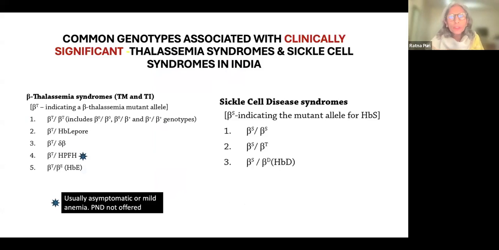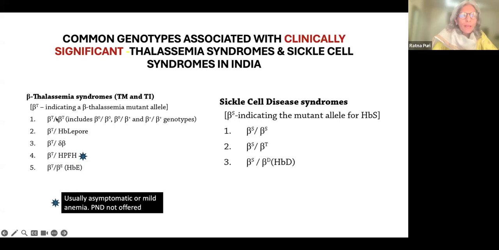Now, what are the common genotypes that are associated with a clinically significant disease? So every combination is not associated with a disease phenotype. And you would want to do prenatal diagnosis only in these situations that you can see up here, because these are associated with the disease phenotype, except for number 4 here, which is a combination.